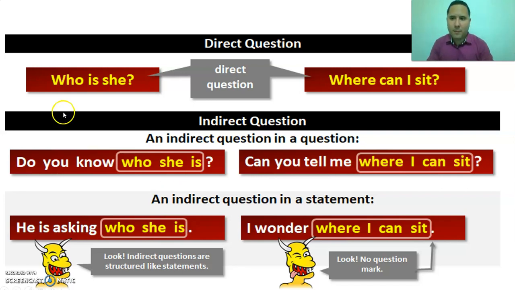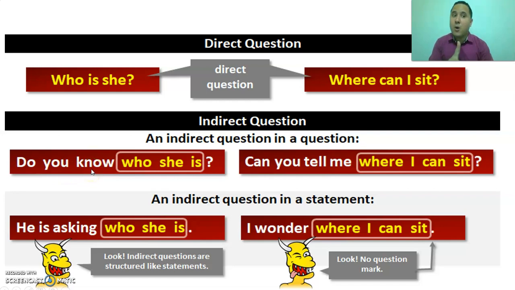So, number one, direct question. Who is she? Or where can I sit? Yeah, direct question, normal question. Now, if you want to make an indirect question inside another question, you can make it this way. Do you know? This is a question, okay?